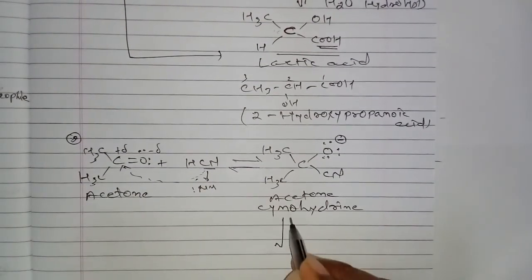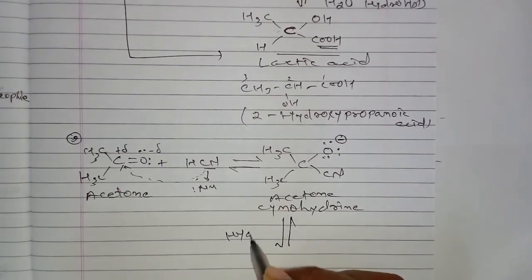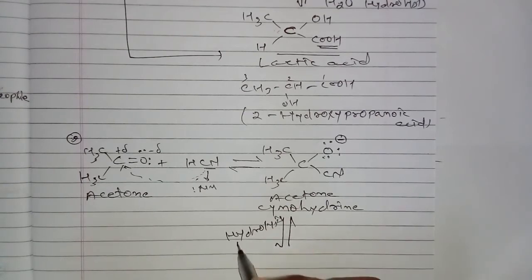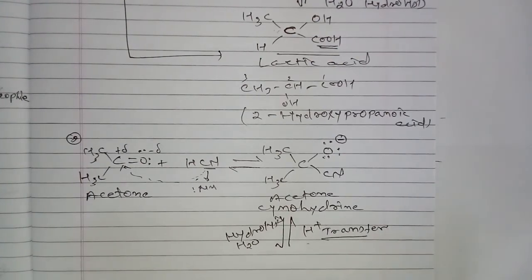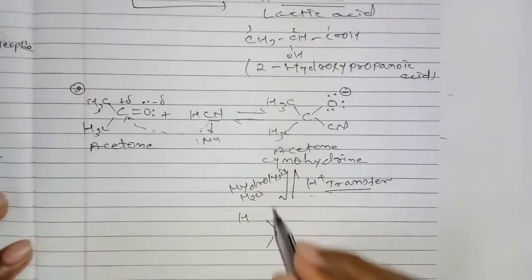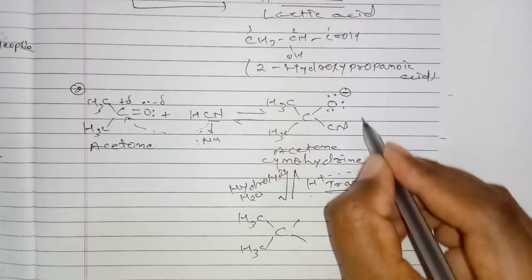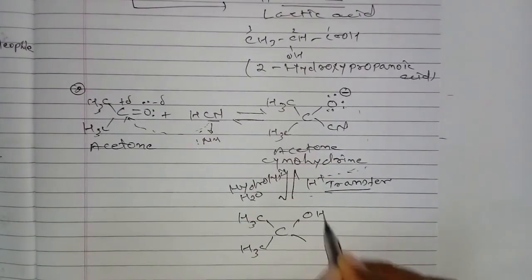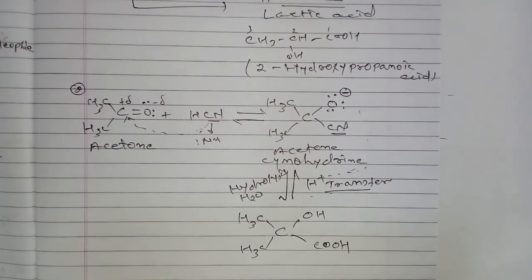Which is further hydrolyzed, or H plus transfer. This remains as it is, CH3, and here H plus will be attached with the oxygen as OH, and this cyanide will convert to COOH.